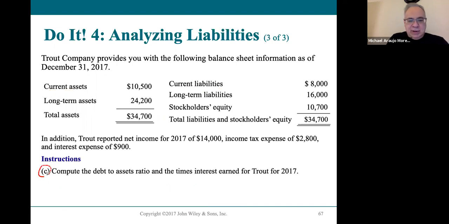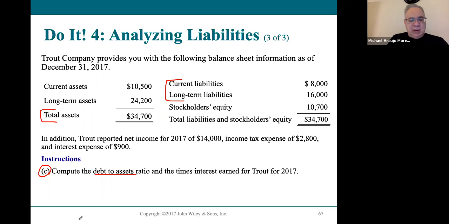The last thing they want you to do is compute the debt to asset ratio. So for the debt to asset ratio, we need the total liabilities. So you need to add your current and long-term liabilities together because they don't give you the total outside of that. And compare that with your total assets, okay?